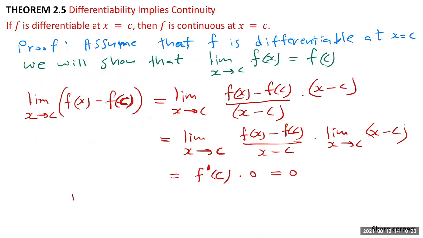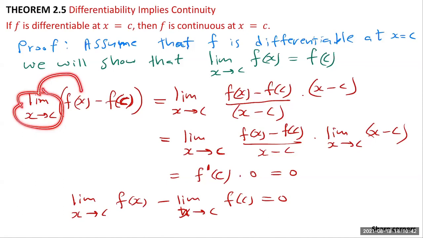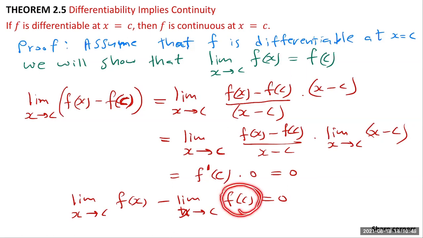What does that tell you? That tells you that the limit as x approaches c of f of x minus the limit as x approaches c of f of c is equal to 0. I just distributed this limit to each individual term. But f of c is a constant, and the limit of a constant is that constant itself.